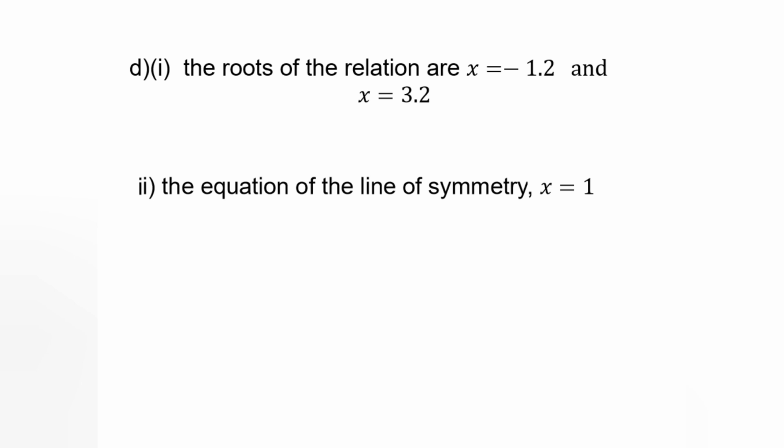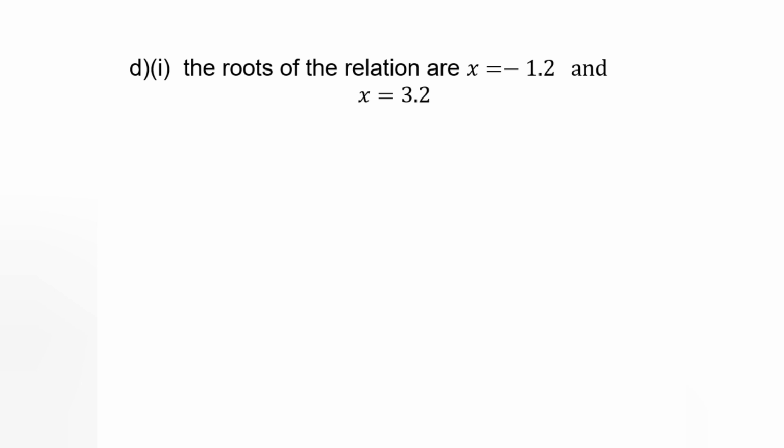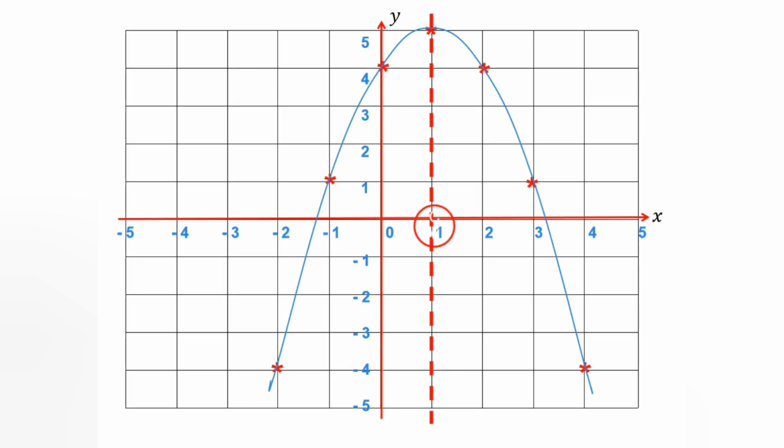As I said, you can also use the formula negative b divided by 2a to find the equation of the axis of symmetry. So that answers the question. When you get such questions, these are the processes that you go through.